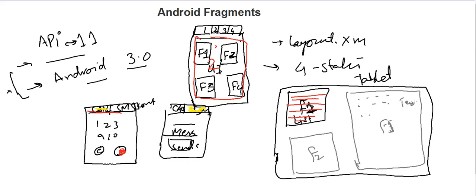This list view has certain entries, and this fragment has maybe some buttons, B1, B2, for further details, or anything.